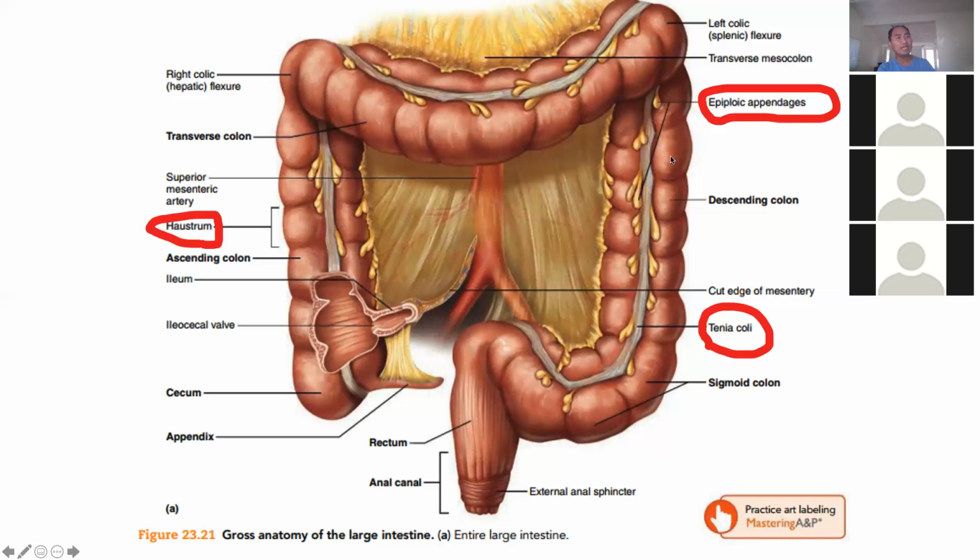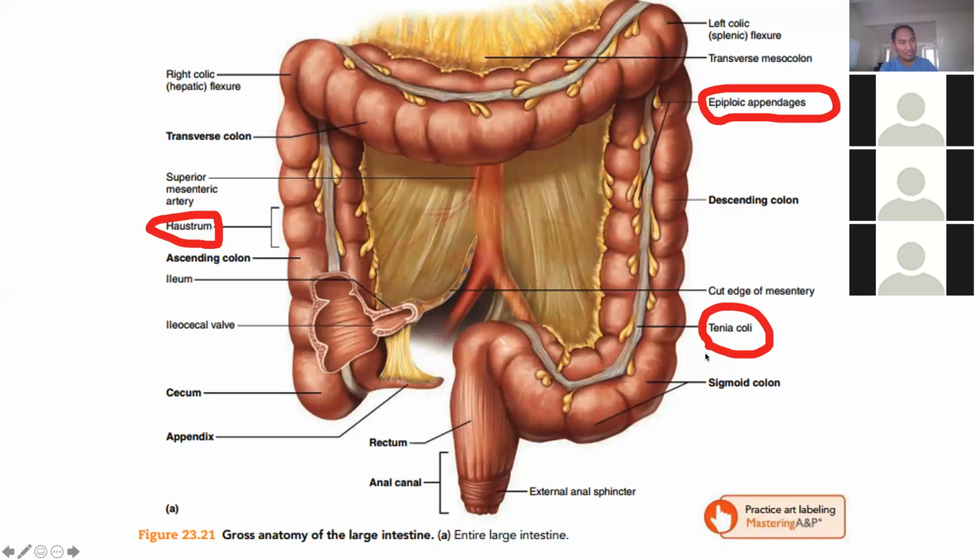And what are epiploic appendages? They are nothing more than little fat globules. What is the significance? I don't know. So these are the appendices epiploicae. Look at that. It is yellow, white, fatty, little stacks on the outside wall of the colon.